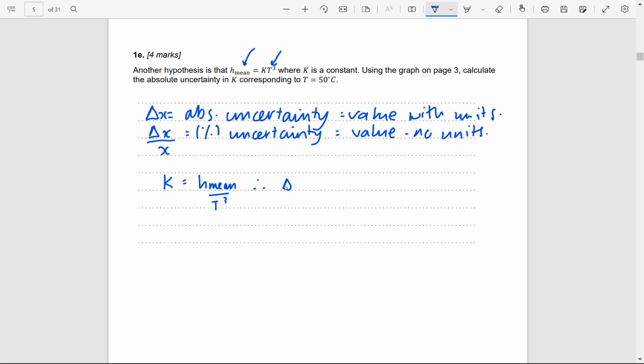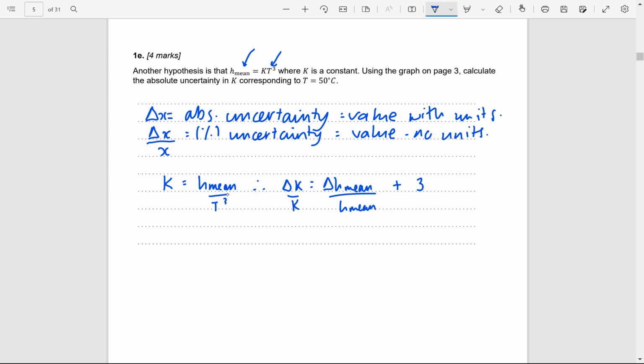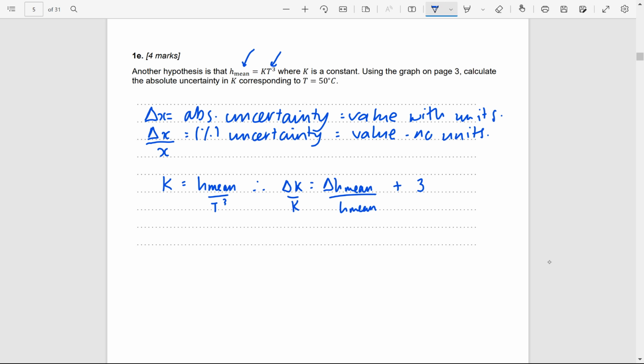So therefore, the fractional uncertainty in K equals the uncertainty of H mean plus 3 lots, because we've got a cube here, 3 lots of the uncertainty of T.